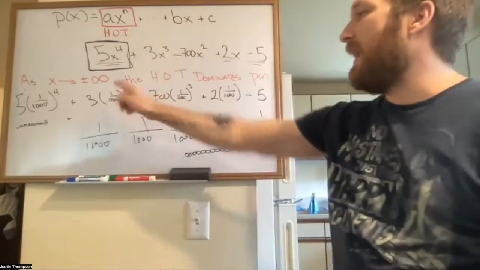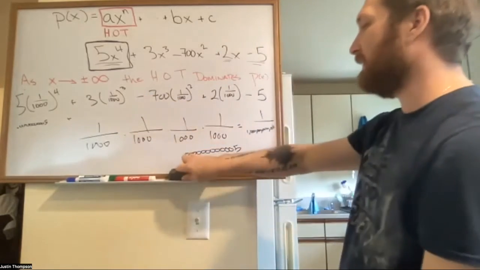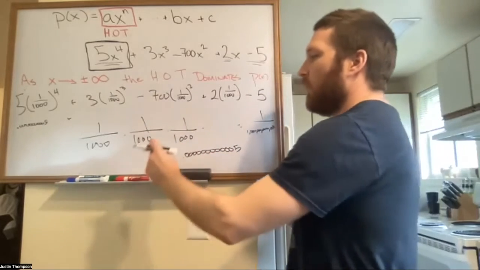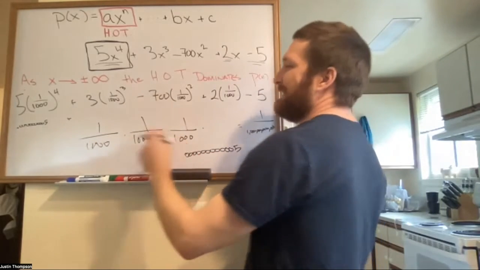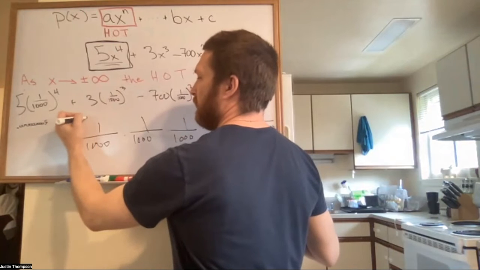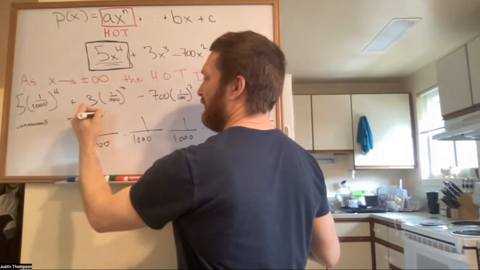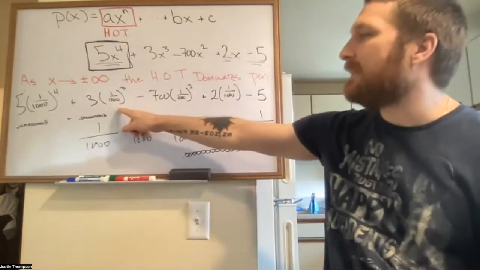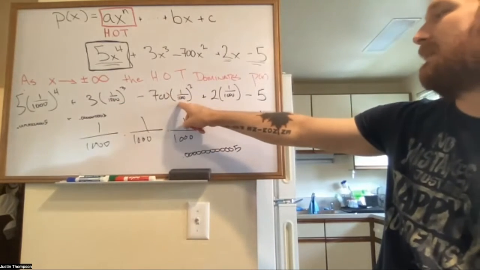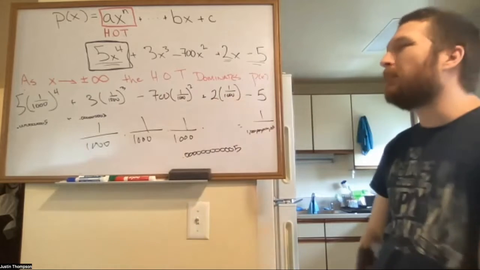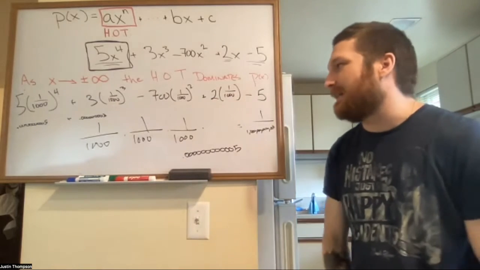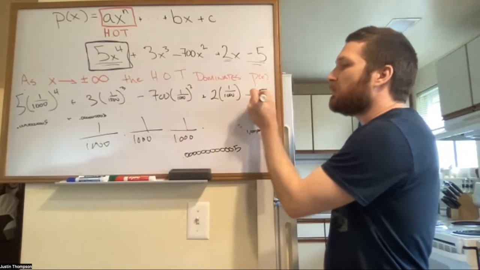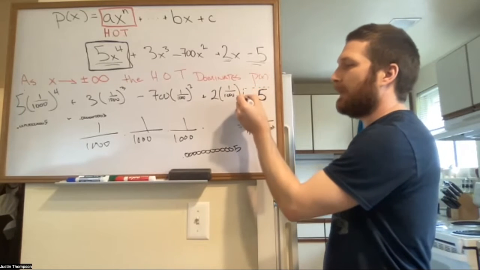Plus, same kind of reasoning here: 1/1000 times 1/1000 times 1/1000 would be 9 zeros, then times 3, so 8 zeros and then a 3. You can see what's happening, right? This is a tiny, tiny, tiny number. This is going to be a tiny, tiny, tiny number. This is also a tiny number, but not as tiny. But the thing that's really dominating here when we're very close to 0 is this guy.